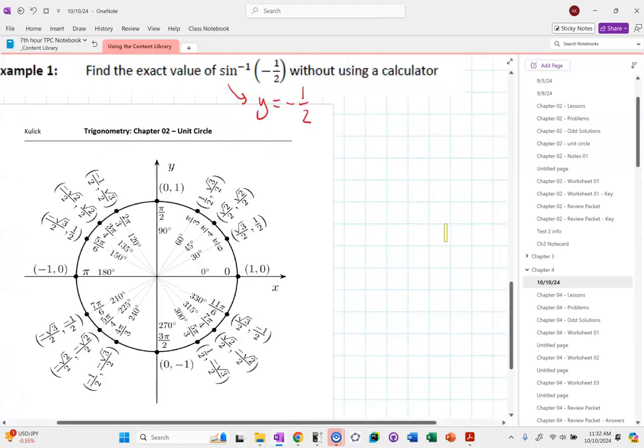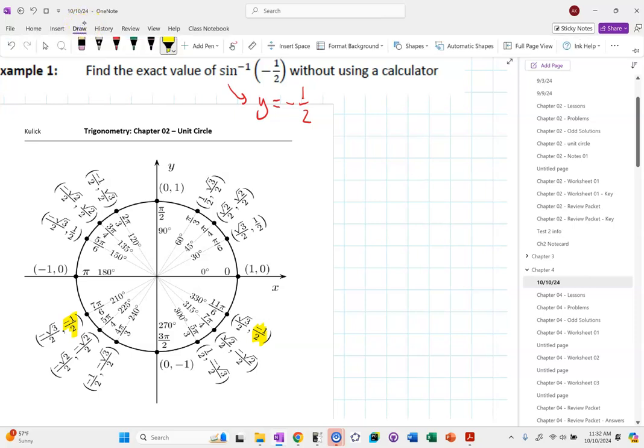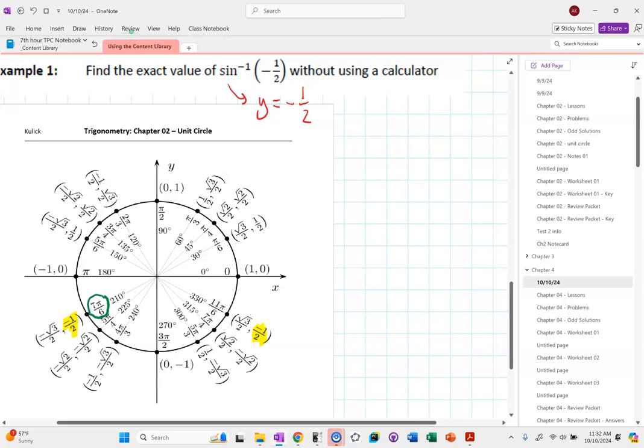If I look at the y coordinates, I'm looking for things where I see a negative 1/2. I see one there. And continue looking at my y coordinates. I see another there. Everybody so far so good? So my answer is 7 pi over 6 or 11 pi over 6.